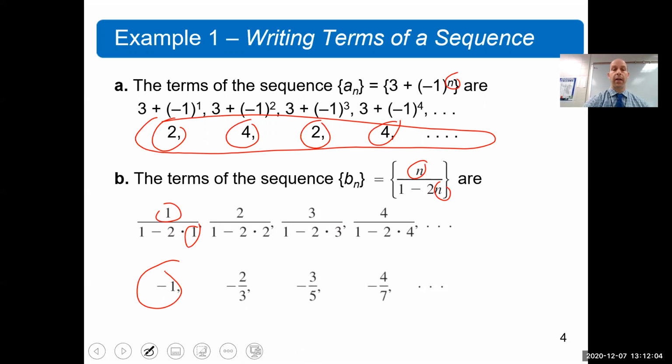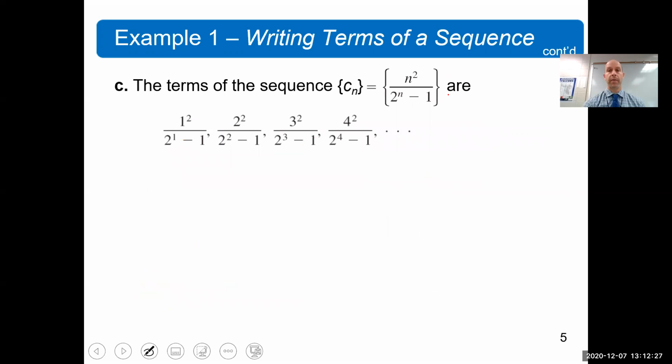That's where this negative 1 comes from. We could then plug 2 in for n and get negative 2/3, and then negative 3/5, and negative 4/7, and so on. Notice that this sequence is obviously very different than the first sequence. In both sequences, we are given a definition for each of the terms.